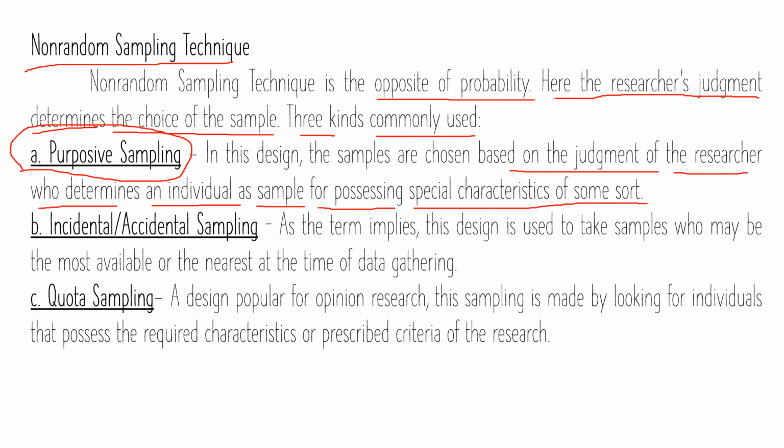Another term for purposive sampling is judgmental, selective or subjective sampling. It's a form of non-probability sampling in which researchers rely on their own judgment when choosing members of the population to participate in their study.